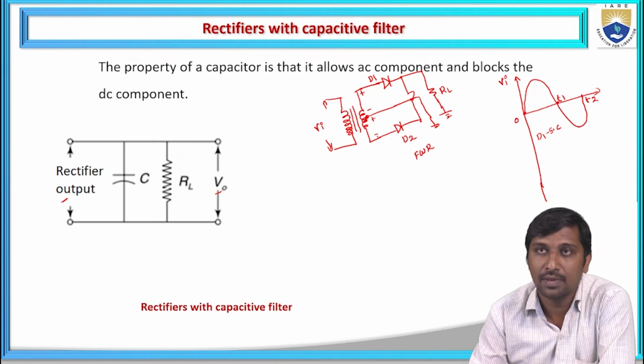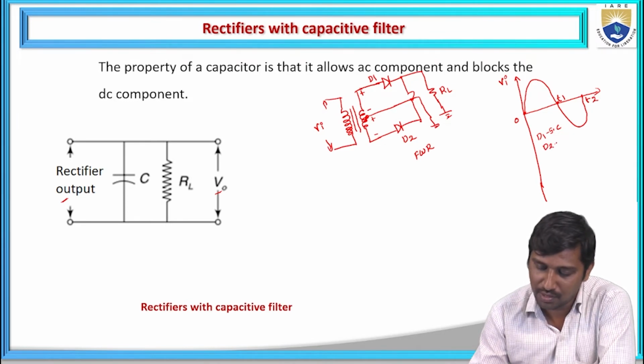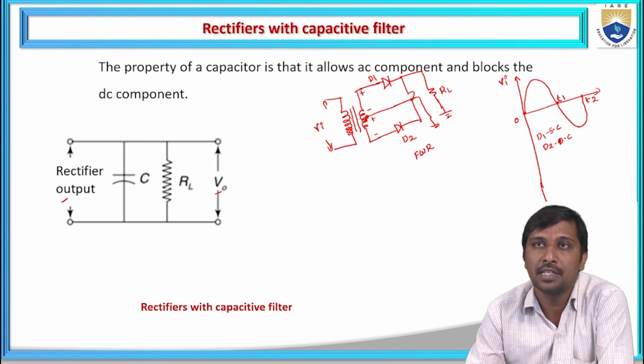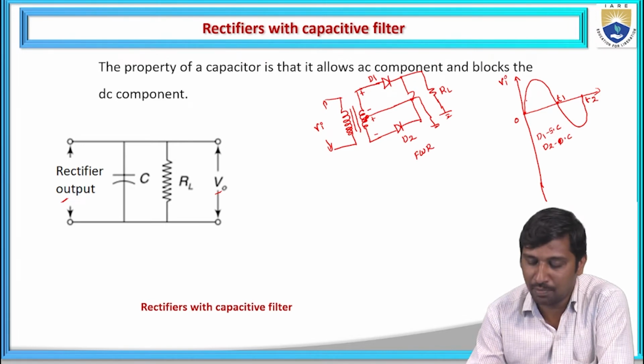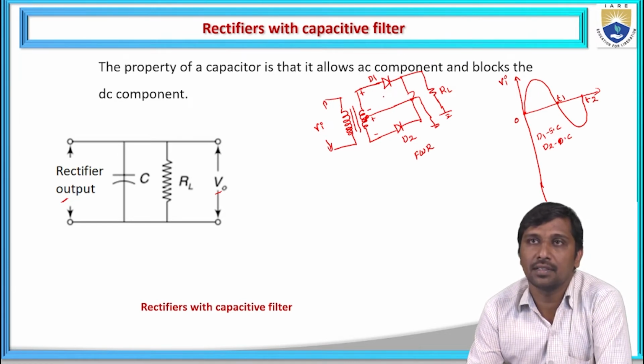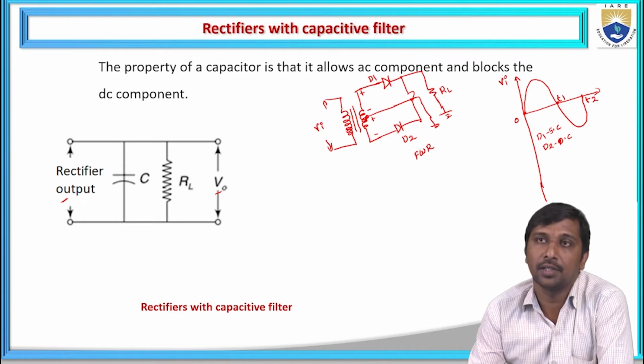This polarity becomes negative due to the center tap transformer, hence D2 becomes reverse biased, or it is also represented as an open circuit. During this 0 to T1 interval, due to the applied input voltage Vm sin omega t, D1 acts as forward biased and D2 acts as reverse biased. Hence the diode D1 is replaced with a short circuit, and the diode D2 is replaced with an open circuit.